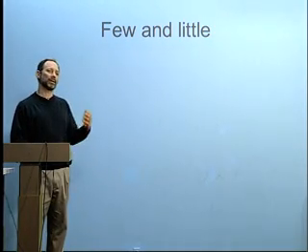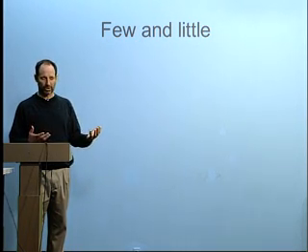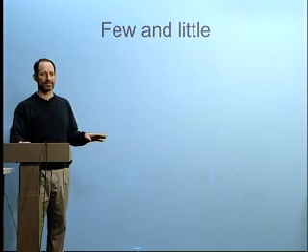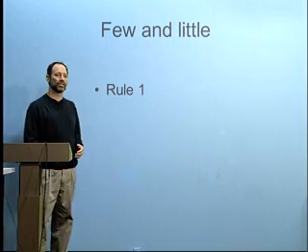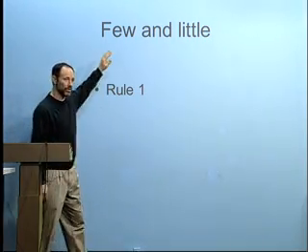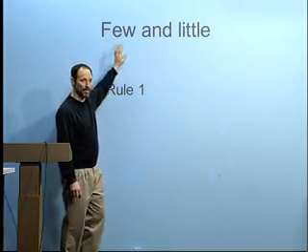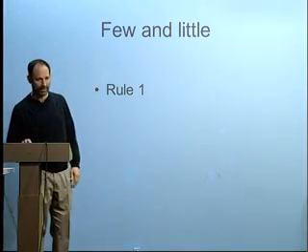So we've talked about few and little, and we looked at two rules that will hopefully help clear up any confusion. The first rule involved what kind of noun comes after few and little. Few is followed by a plural noun, and little is followed by a non-count noun.